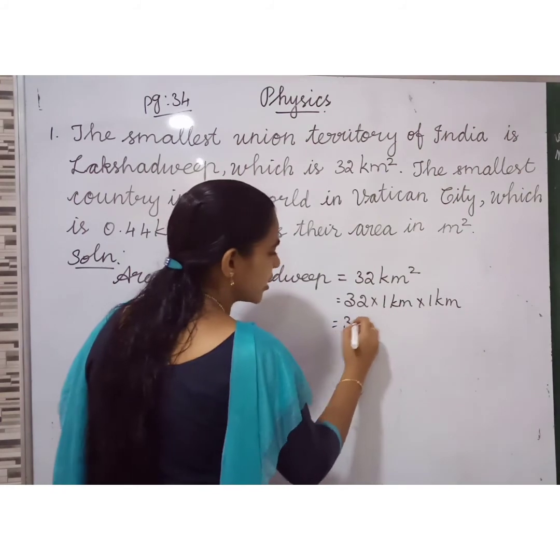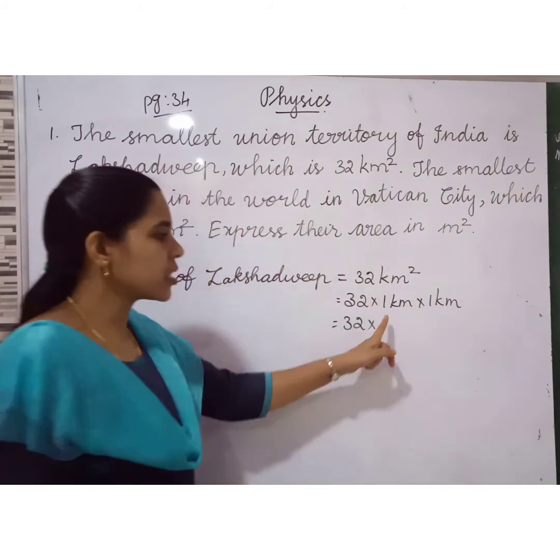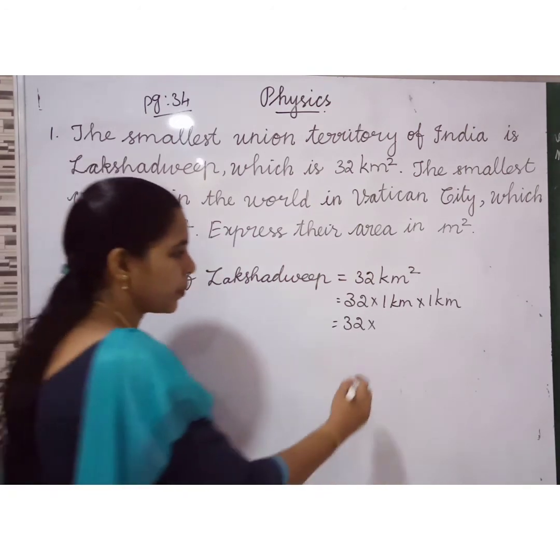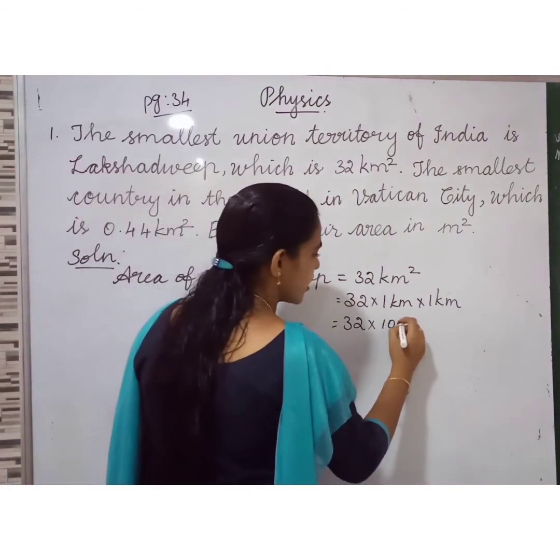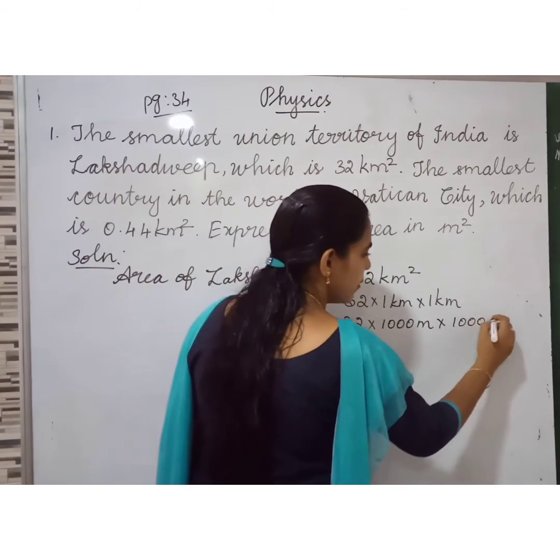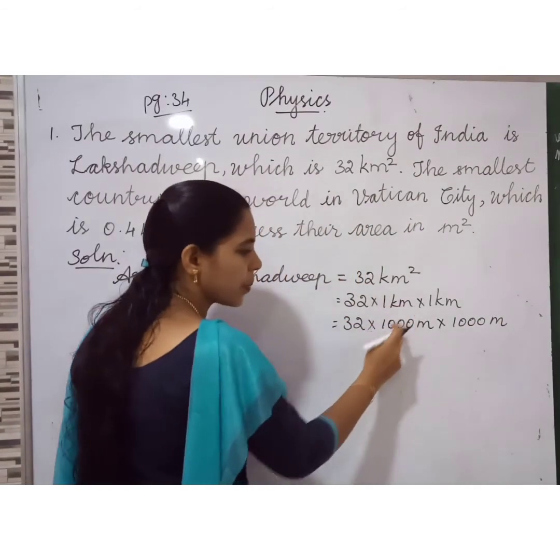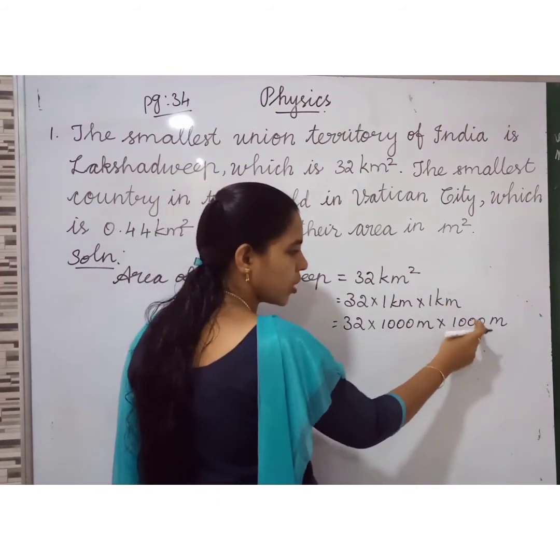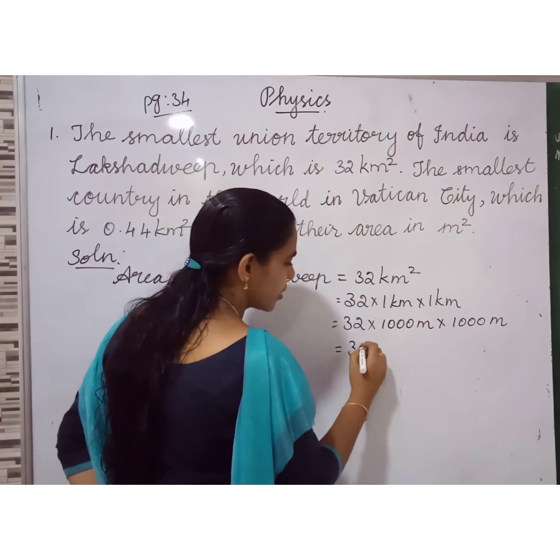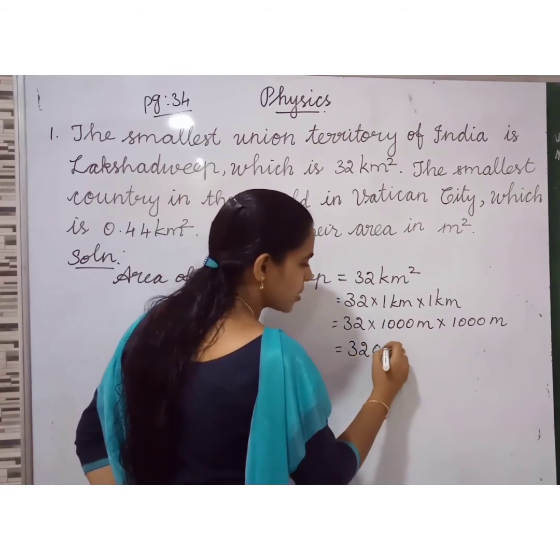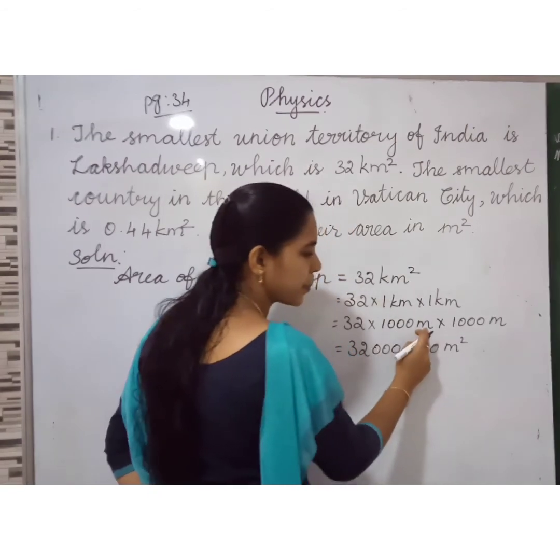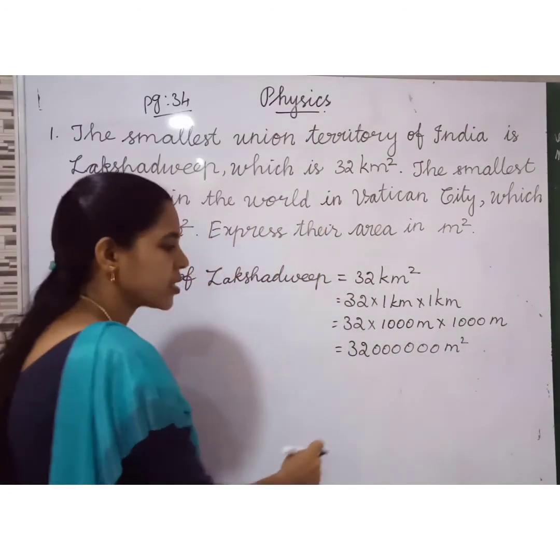Instead, 1 kilometer is equal to 1000 meter. So we have to write 1000 meter into 1000 meter. We have to multiply these numbers. 32,000,000 meter square. Here the unit is meter, so meter square.